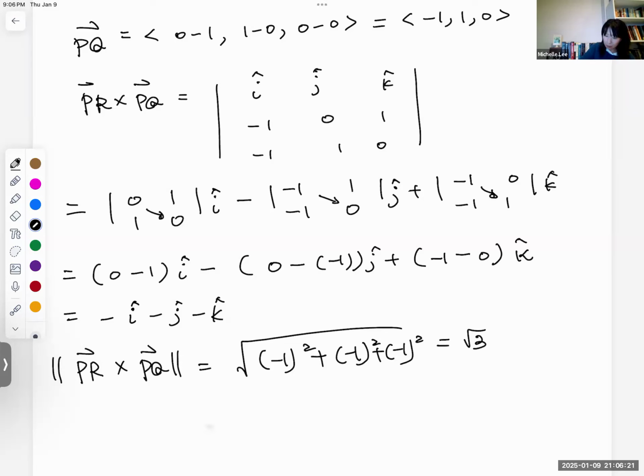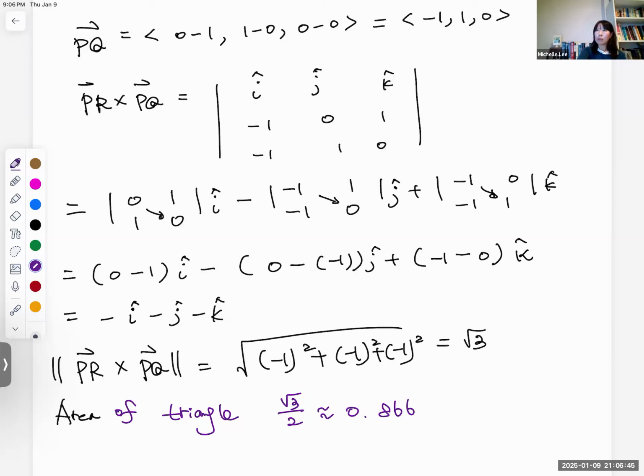So the area of the triangle is square root of 3 over 2. That's 0.866. Is it correct?